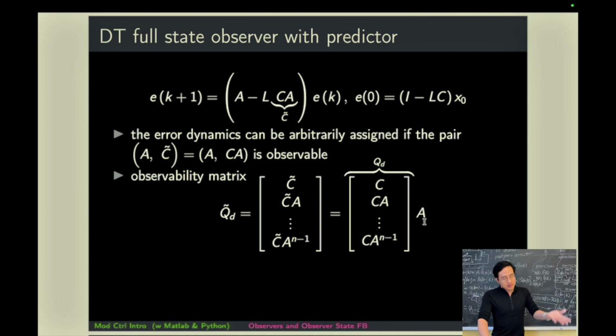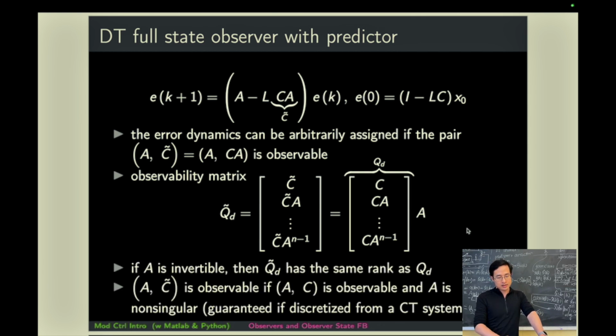So this mathematically sounds just more complicated in general. But the good news is this. Usually, the A matrix in discrete time systems is invertible. If the discrete time system uses the zero order hold discretization method, then the A matrix in here is going to be invertible.